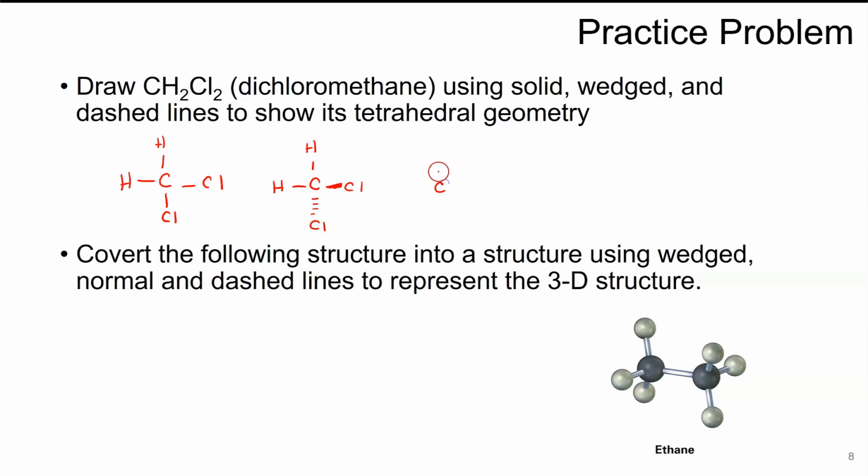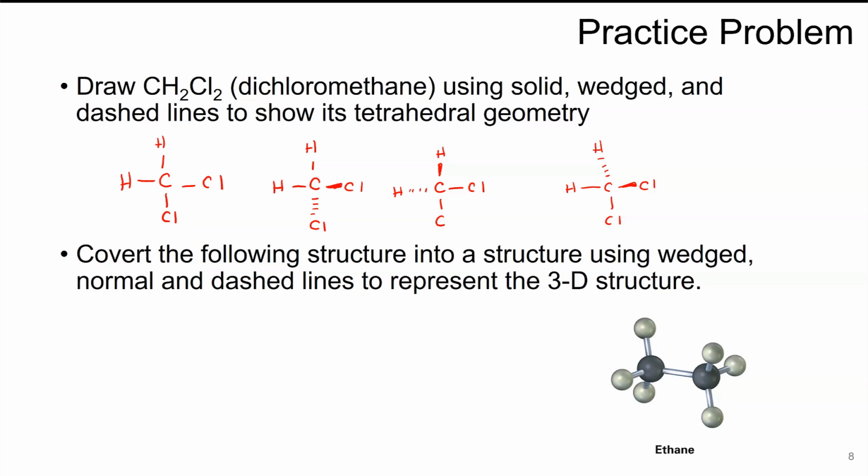You could also draw your chlorines flat, a hydrogen wedged, 1 dashed. One of each of these can be in the plane, and you can draw that. So there are different ways to draw them, which makes sense because you can pick up a molecule and rotate it around any way you like.